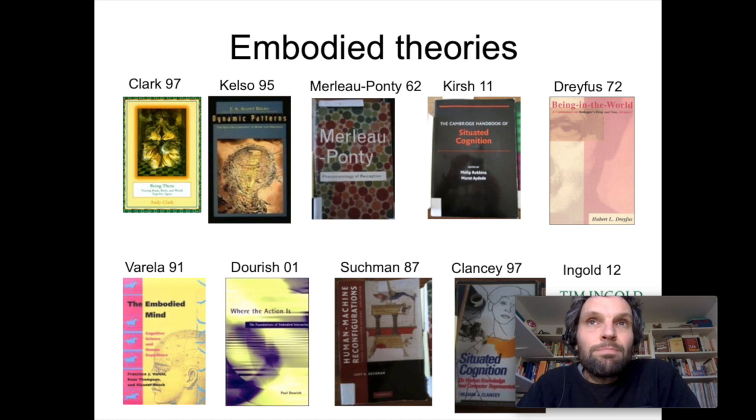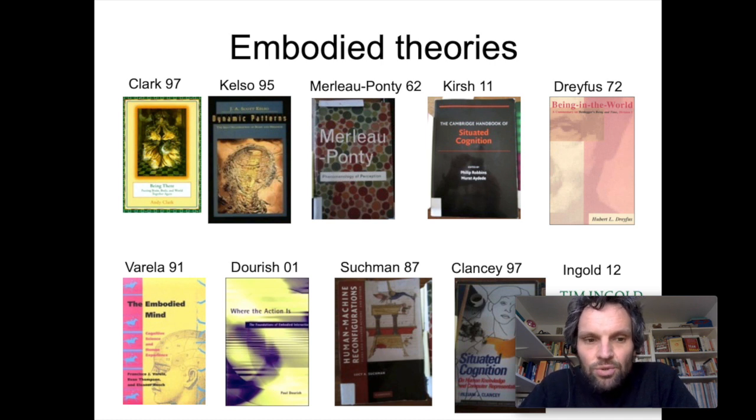And we are supported in this thought by a whole range of theories coming from philosophy and cognitive science and anthropology, sociology, feminist critical studies, and a range of other developments in a range of other disciplines.